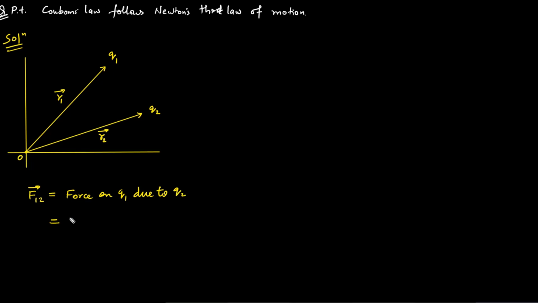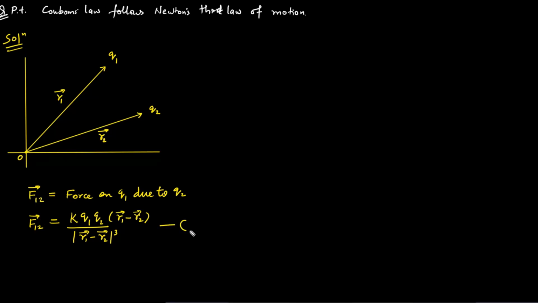Now according to the formula it will be K Q1 Q2. Now instead of R vector I will write R1 minus R2 vector upon modulus of R1 minus R2 cube. Everyone is comfortable with this step? Tell me.